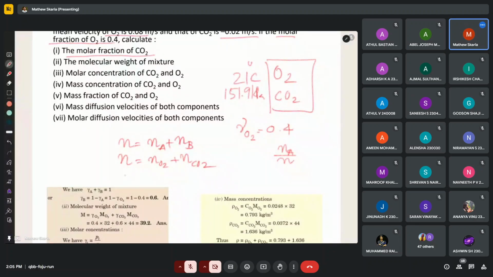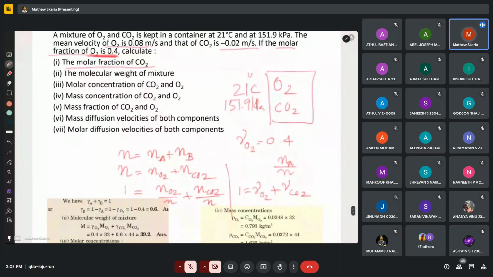Okay, so dividing by N, 1 is equal to NO2 by N plus NCO2 by N. So 1 is equal to NO2 by N, that is gamma O2, plus NCO2 by N, that is gamma CO2. So in the given question, the molar fraction of O2 is given as 0.4. So we can find gamma CO2, that's 1 minus 0.4 equal to 0.6. So that's right.